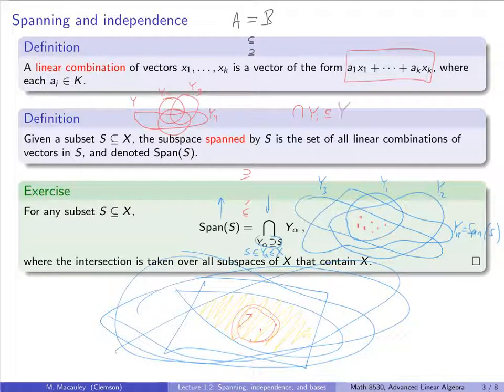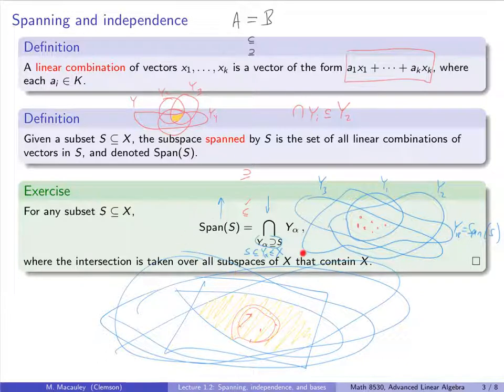So the intersection is contained in y2 or y3, right? Because the intersection is this little piece right here. It's contained in every single one of them. And that's what we have down here. We have an intersection of a whole bunch of subspaces, which is contained in this one individual subspace. So using a set theoretic argument, you can get the other direction.